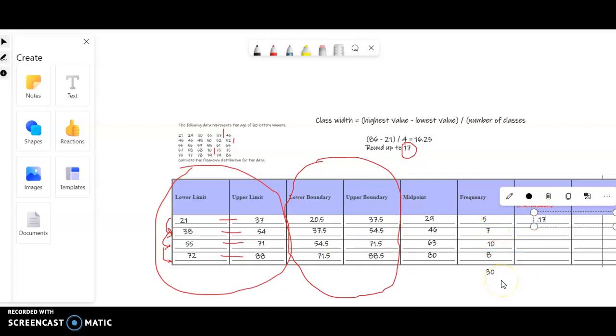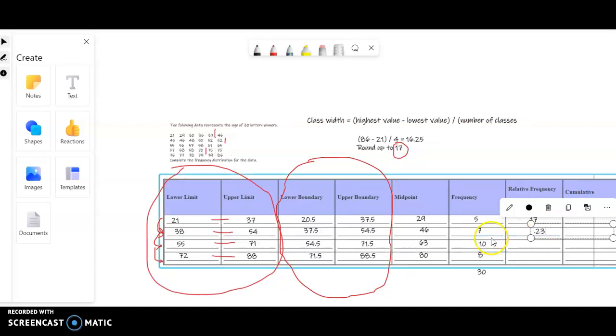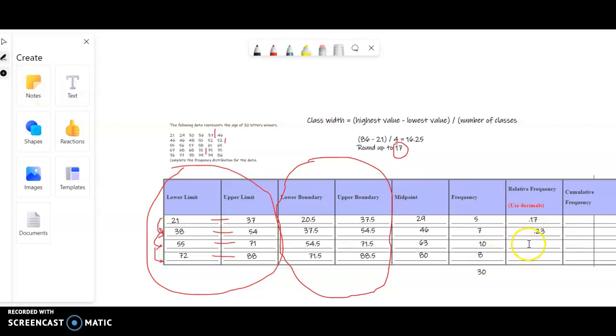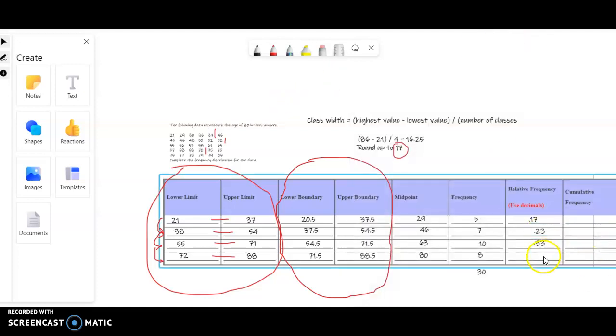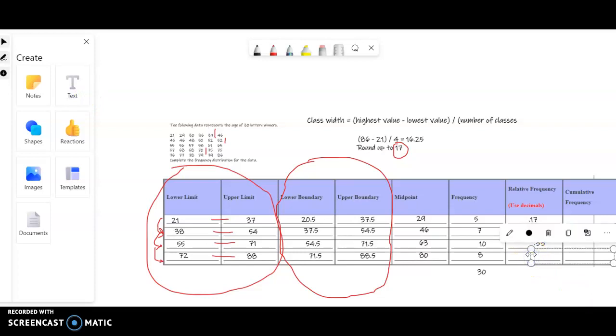7 divided by 30 is 0.23 repeating. So rounding that to 2 decimals, I'm getting 0.23. 10 divided by 30 is 0.3 repeating. So I'm going to say 0.33. And 8 divided by 30 is 0.27.